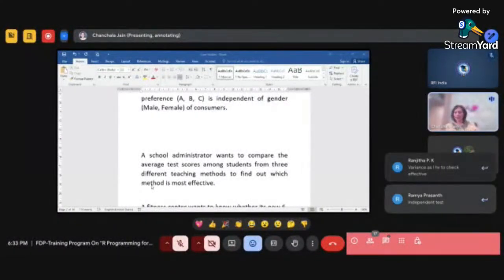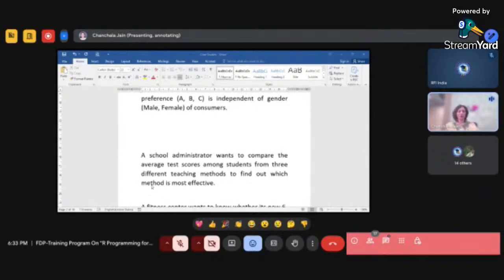Ranjita ma'am is saying variance, as I have to check effectiveness. Okay. Ramya ma'am is saying independent test. Fine. Hari sir, what about you? Ma'am, I am confused here. No opinion. Okay, fine. So I think Ranjita ma'am said ANOVA. I think ma'am is correct, because here you need to compare the average scores. It will be a case of either T or ANOVA.